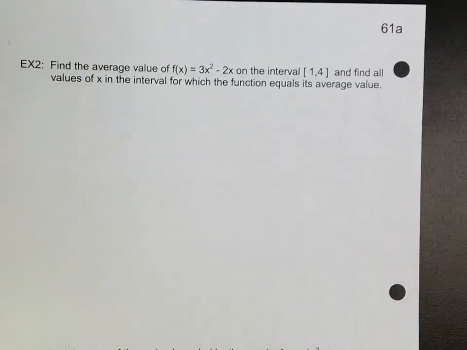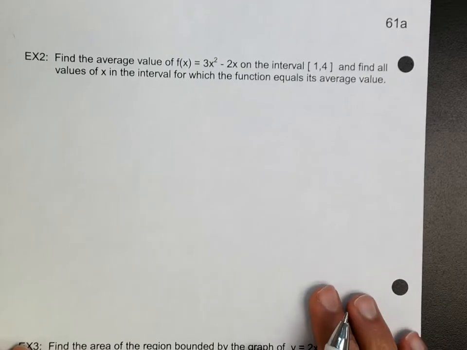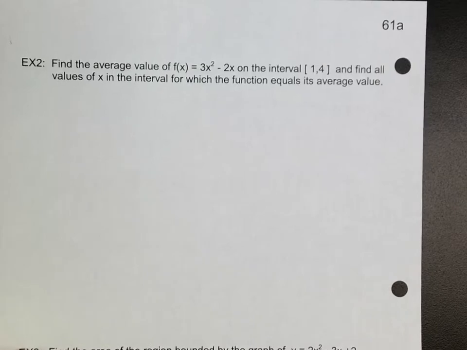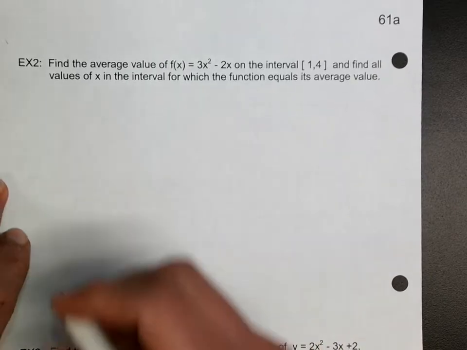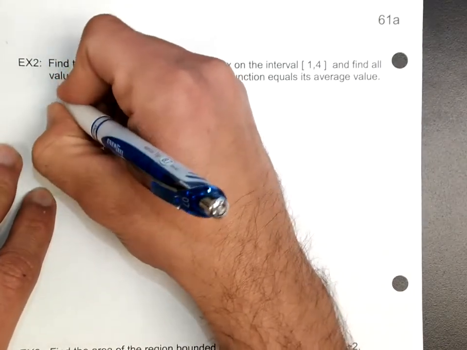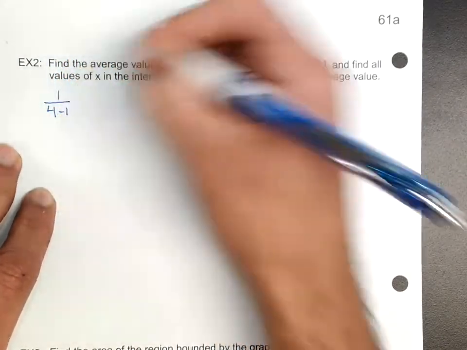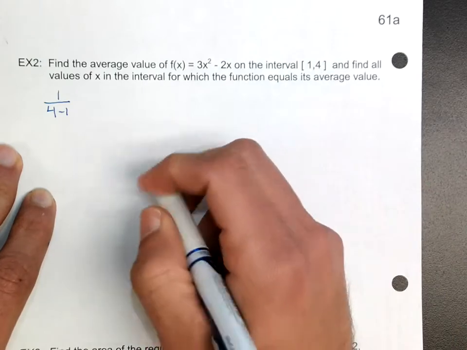Now let's go to the back of this. All right, example 2. They're asking you to do the same thing. They're asking you to find the average value, which we know is 1 over 4 minus 1. Again, that 4 minus 1 came from the interval.